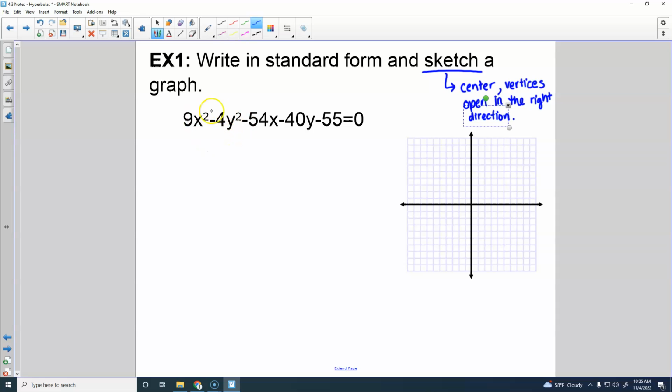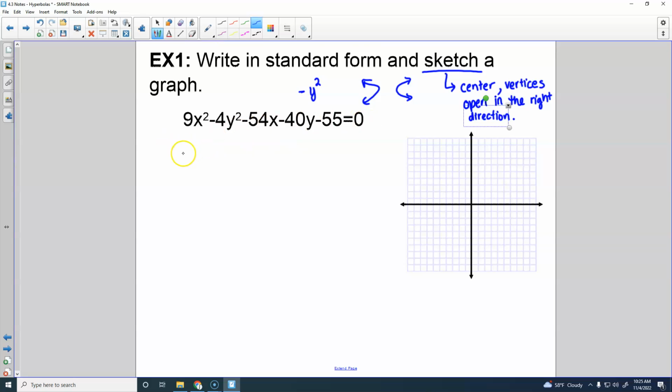So since that y squared is negative, it is going to be left and right. If the x squared is negative, it's going to open up and down. So we are going to do this almost exactly the same as we did with ellipses, right? Because the only difference between the equation is that minus in between instead of plus in between.